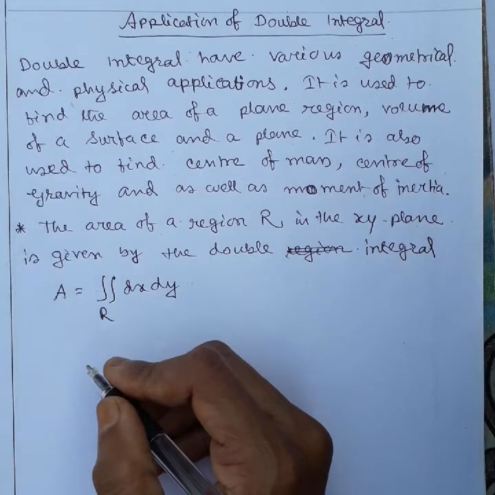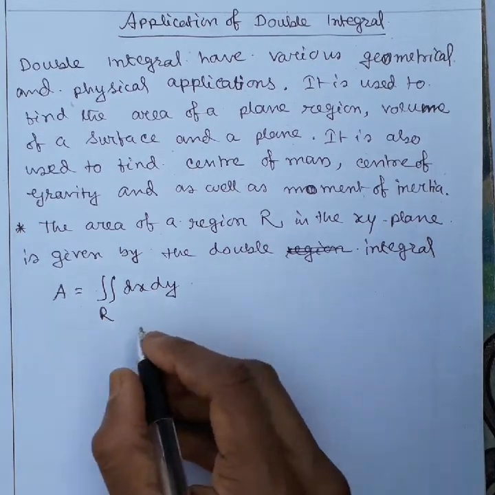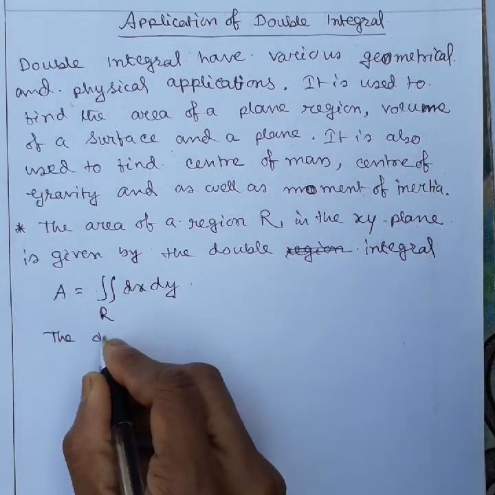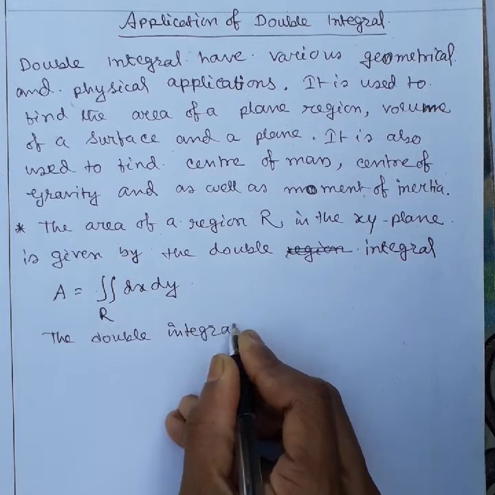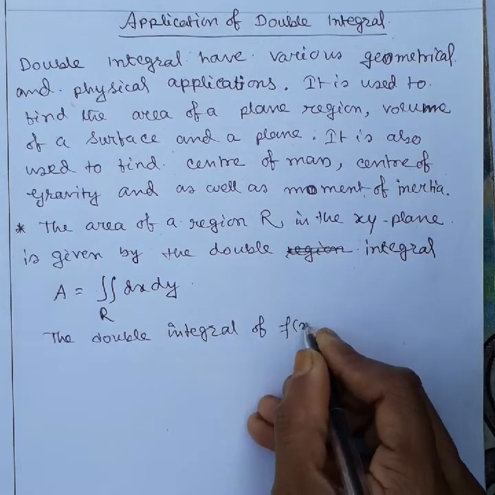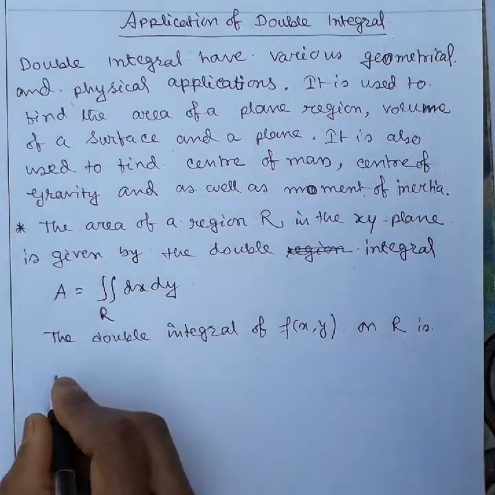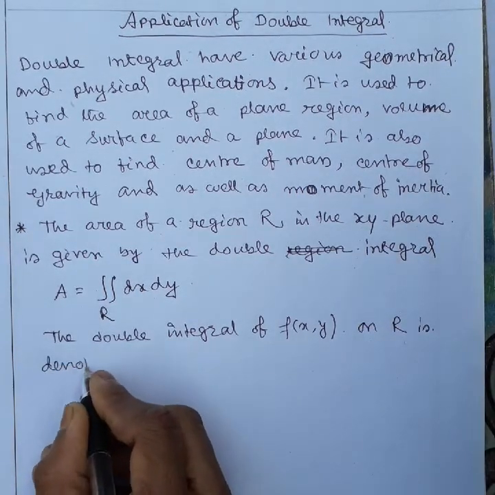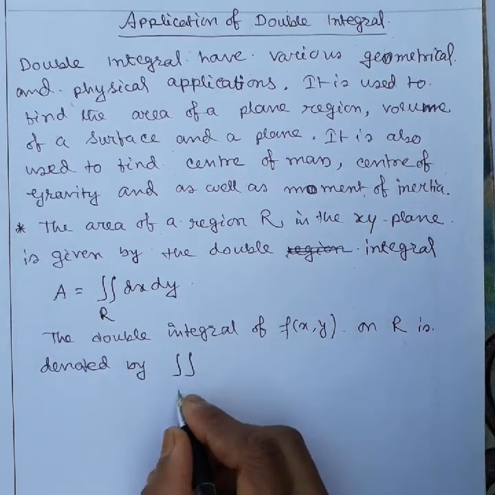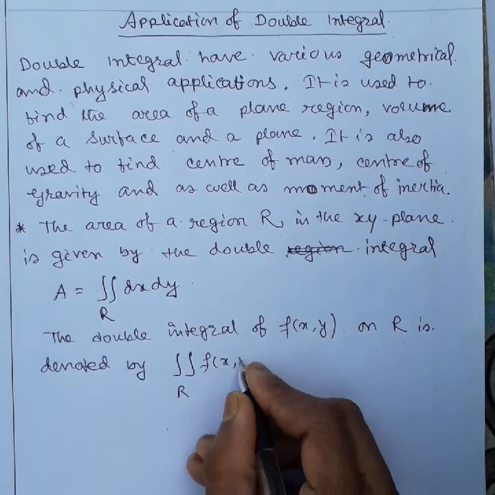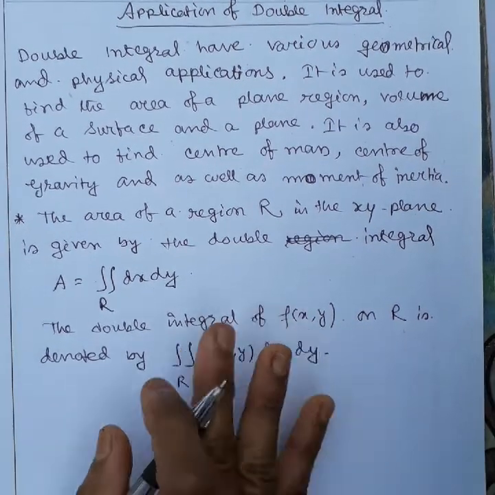The double integral of f of xy on R is denoted by double integration over R of f of xy dx dy.